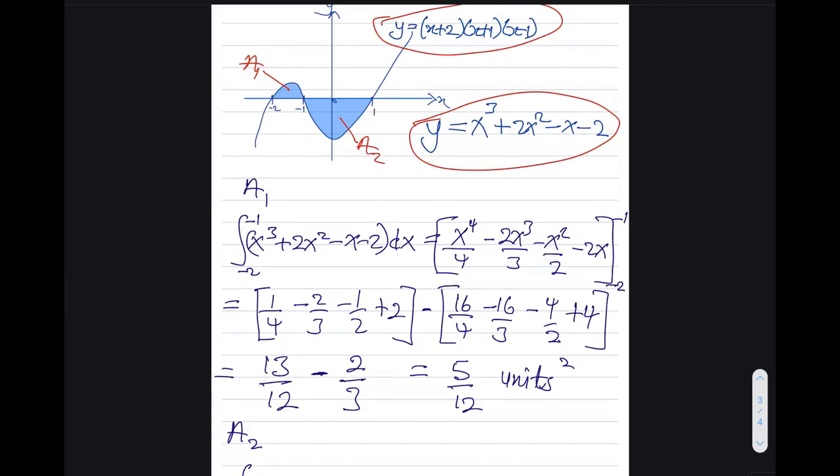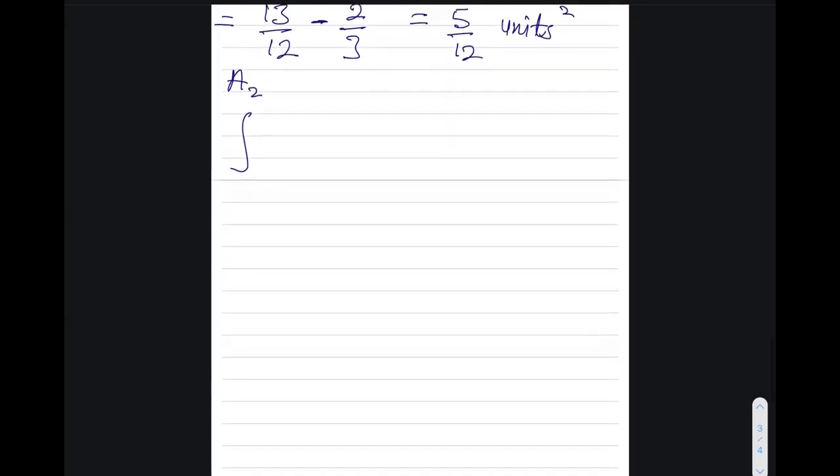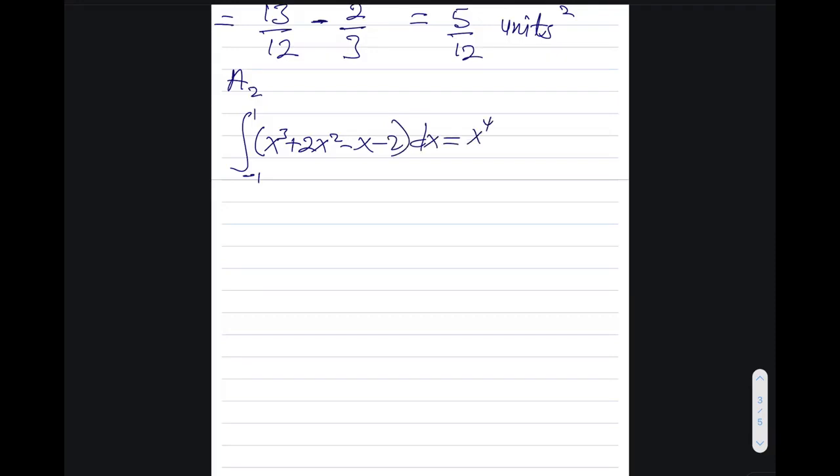We are integrating from -1 to 1, and our curve is x cubed plus 2x squared minus x minus 2. Now we do the integration.